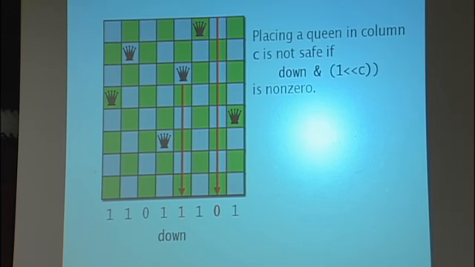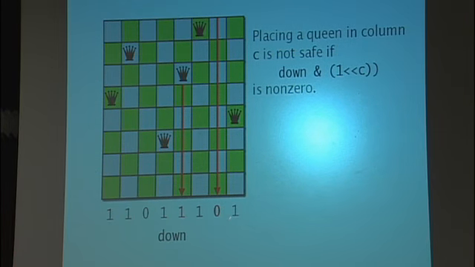Placing a queen in column C is not safe if this down word, when I AND it with 1 shifted left by the number of columns so that I have the position of the queen in the column, is non-zero, because it means somebody else is in that column. If it's in a new column, when I do the AND, I'll get all zeros.